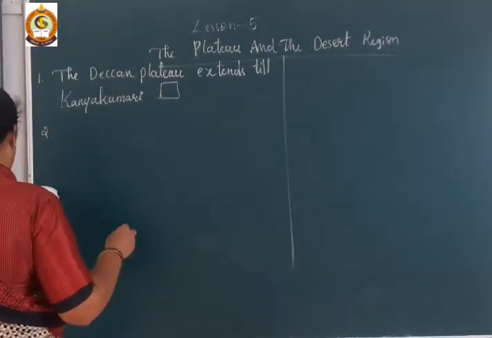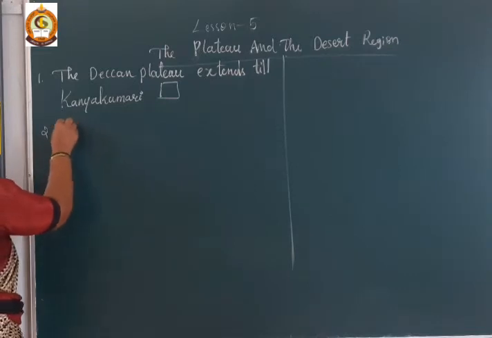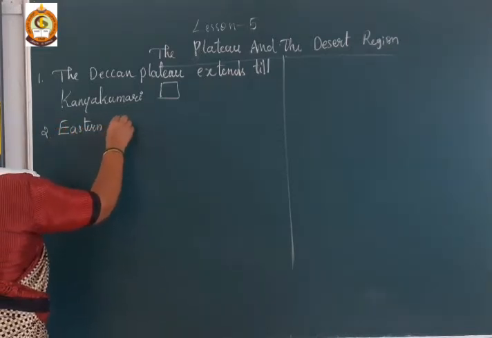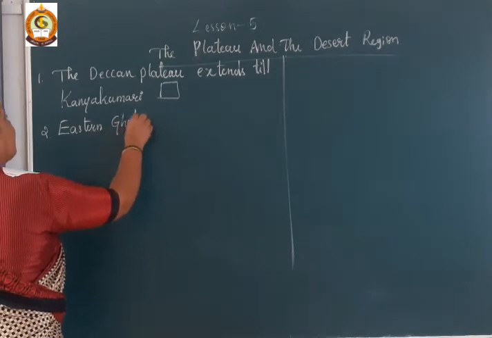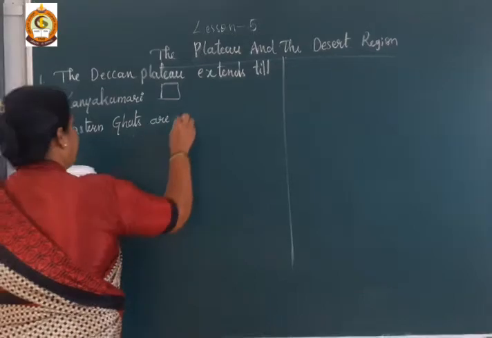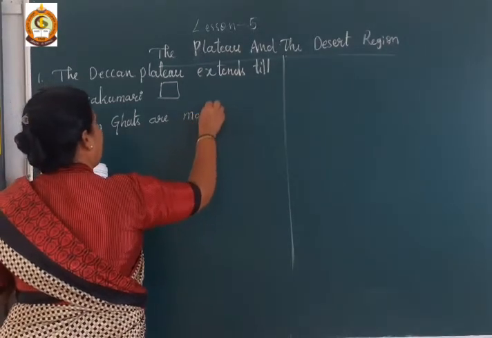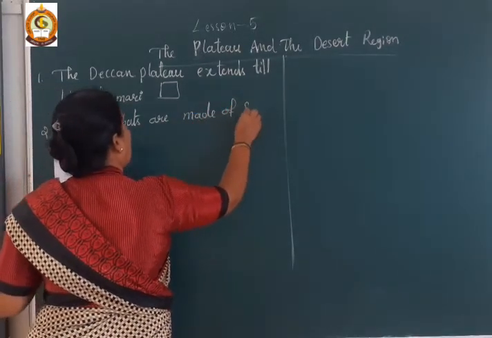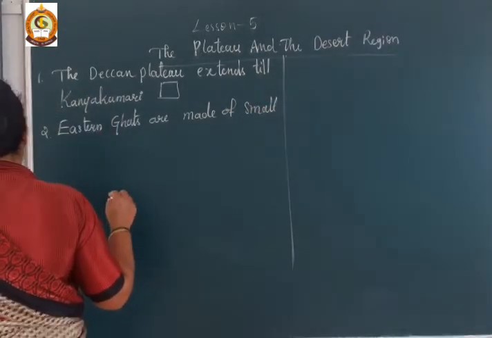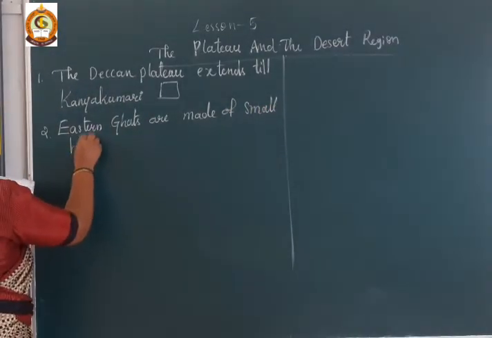Second, Eastern Ghats are made of small hill ranges.